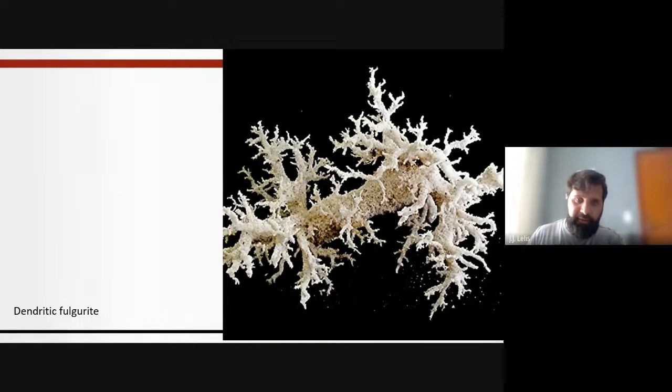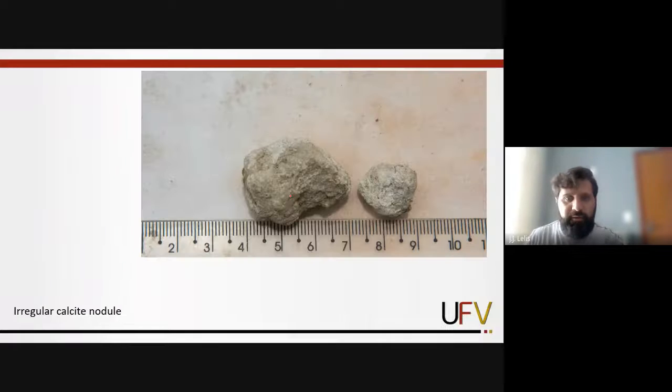You can see this dendritic that resembles a root. You can see an irregular one, because you don't see a specific shape. It doesn't have a specific shape. You can see several nodules or concretions, and all of them have a specific size and specific shape. So you just say that's irregular, okay?